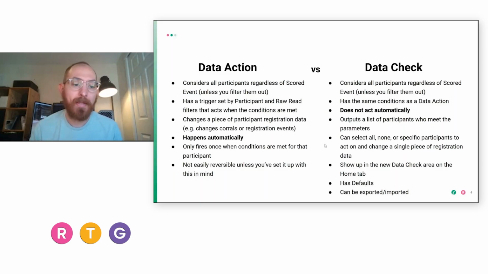Data checks happen with a manual review process. With that being said, data actions are a little more dangerous if you don't get your filters set up correctly, because they're just immediately going to go and make all these changes as soon as you save them and as soon as the triggers occur. Whereas data checks give you that moment to confirm whether all of this change should happen.